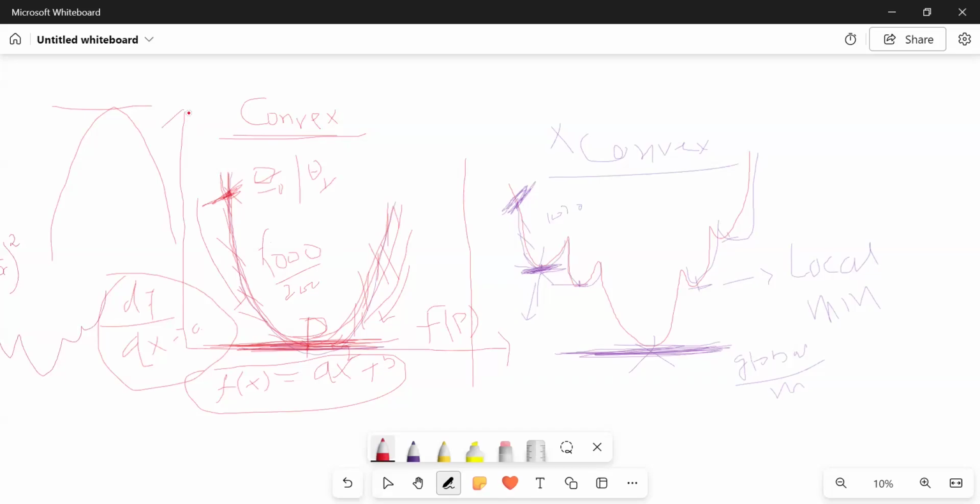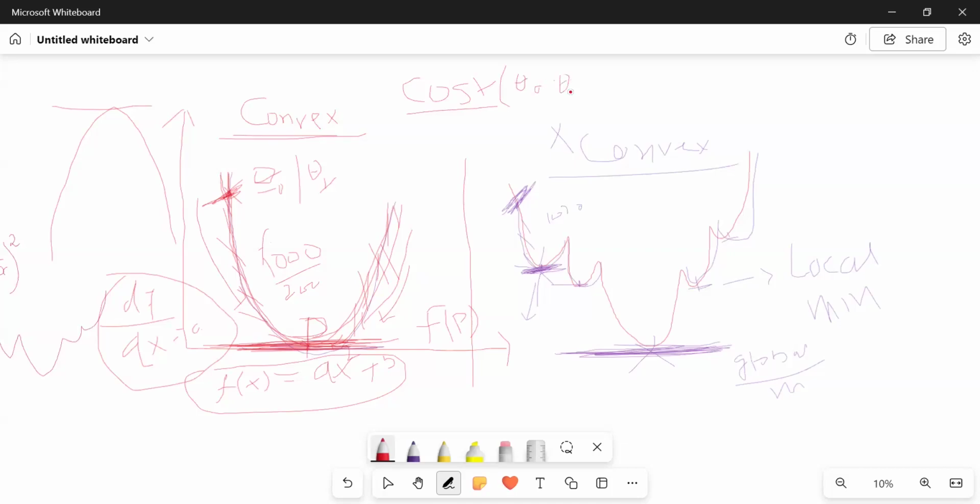In gradient descent, you are applying gradient descent on what function? The cost function, right? For example, in the case of linear regression, this cost function has two dependencies, theta naught and theta one.